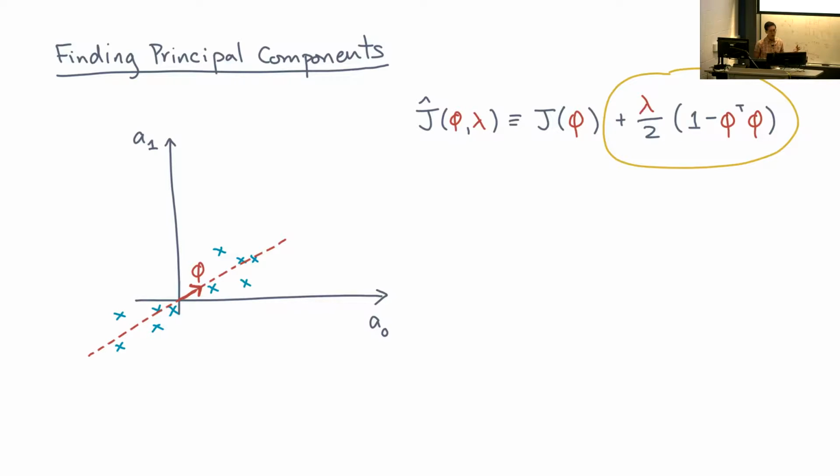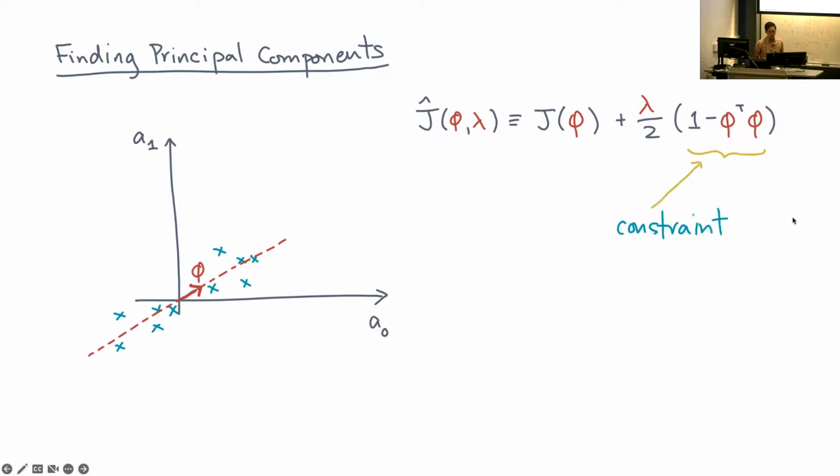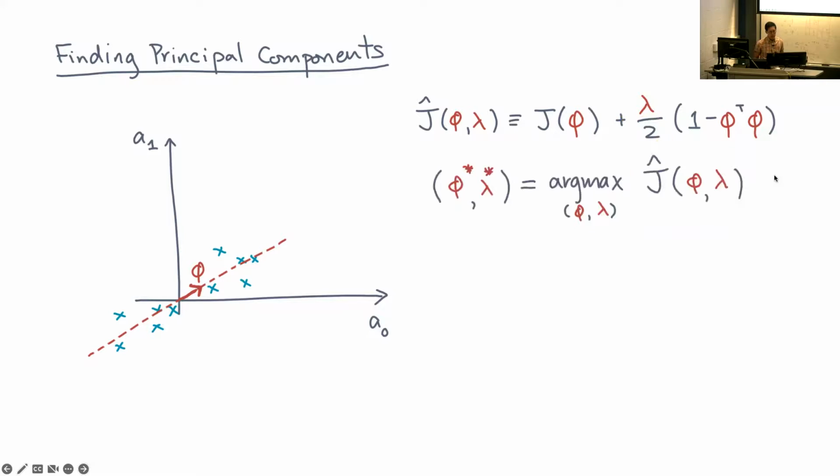How does that help you solve the original optimization problem? You'll see in a moment. This parameter lambda that I've introduced is a Lagrange multiplier. That is the name of this parameter. So this is my new objective. I'm going to maximize this surrogate and find the parameters that maximize it.